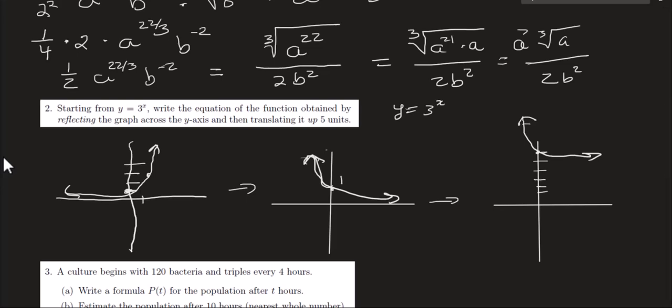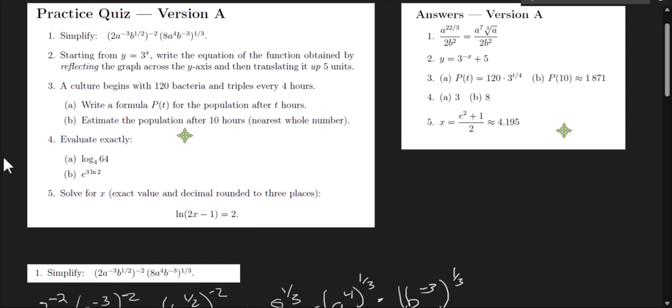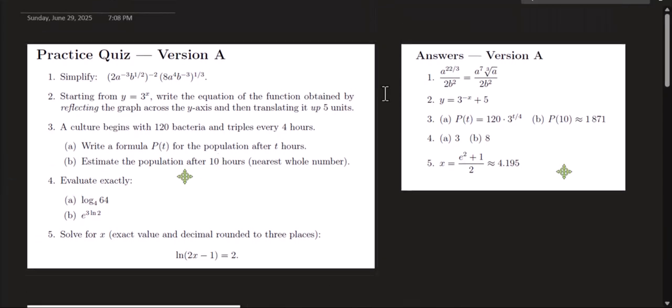To reflect across the y-axis, that would be y equals 3 to the minus x, make the x negative, and then to translate up 5, oh wait, nope, that's not right and left, it's up, so 3 to the negative x, and then plus 5 on the outside. Y equals 3 to the negative x plus 5. Yep.